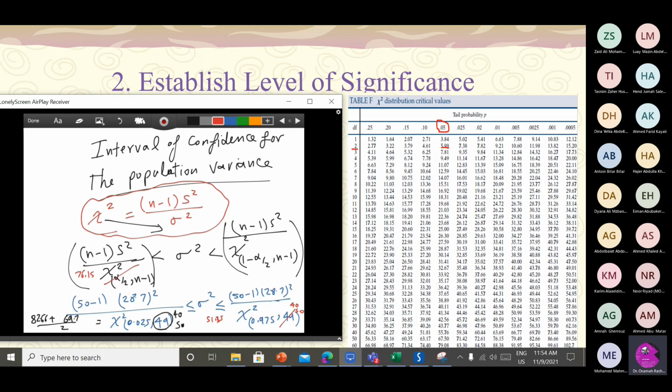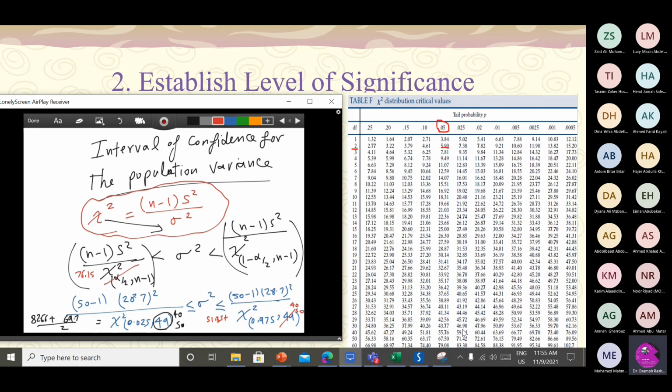And the other one? The other one is? 0.025, because I don't have 0.975. So 1 minus this one gave me 0.025. I'm looking for the degree of freedom 49. I don't have 49, I have 40.